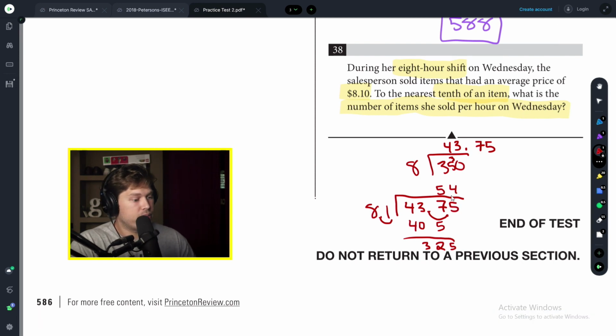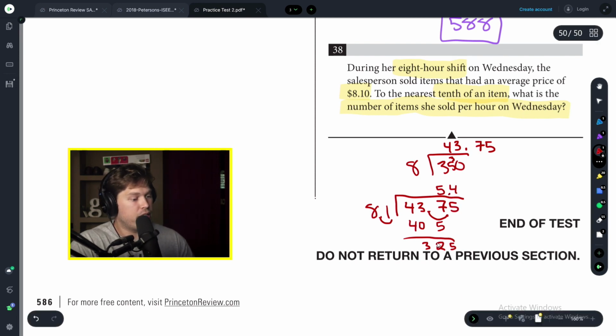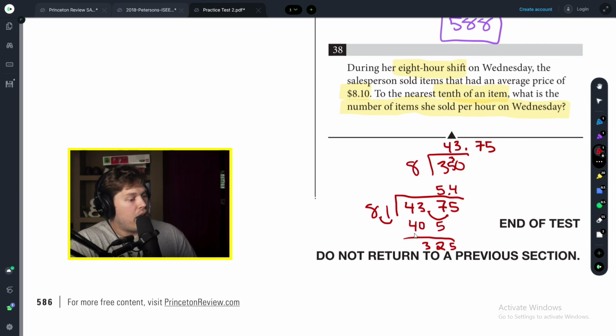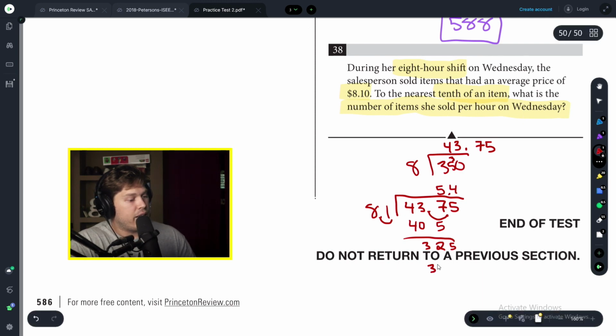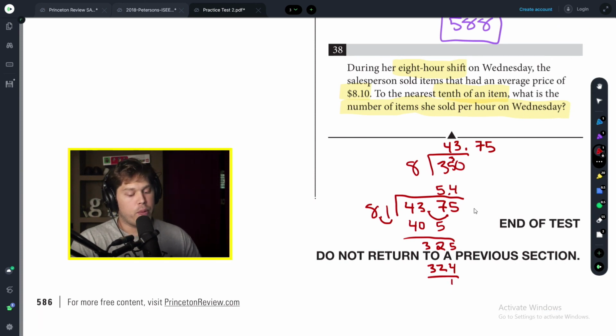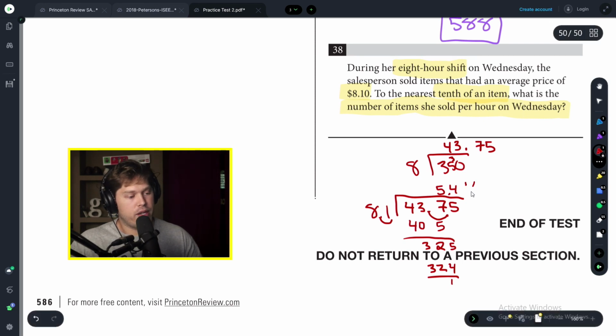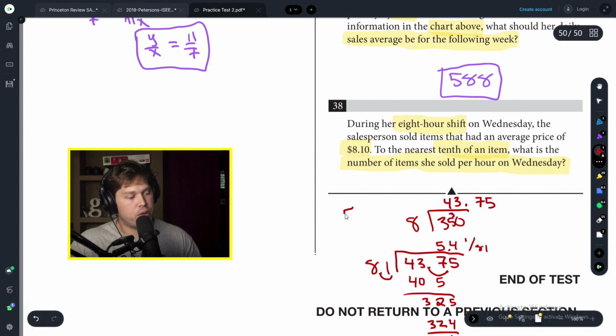Don't forget your decimal. We subtract, and that's 324, of course, and we have 1 left over. So we have 5.4 and remainder 1/81st, but we're asked to round to the nearest tenth, so our answer is just 5.4. Excellent work, guys.